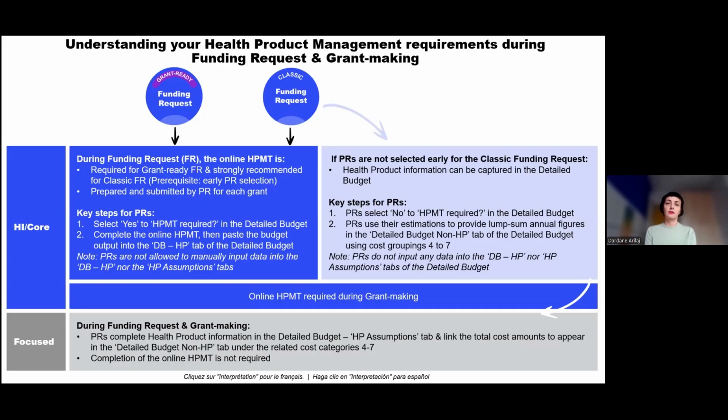If they are opting for a classic funding request submission, that would be a very different process. They are strongly encouraged to work on the HPMT. However, if they opt not to, they can still submit the funding request, but noting that they still have to work on the HPMT during the grant making.